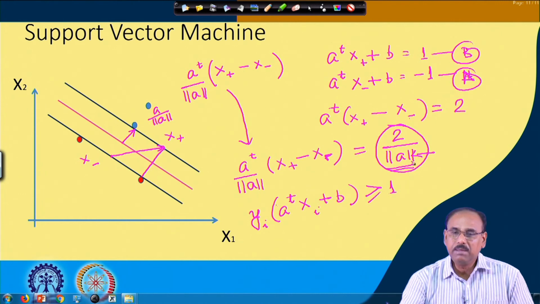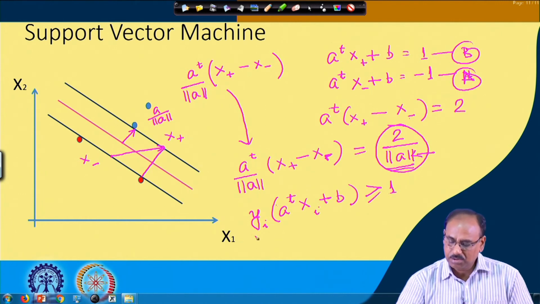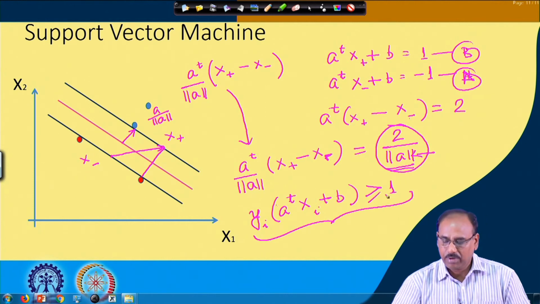So, I have to minimize A subject to the constraint that y I into A transpose x I plus B has to be greater than or equal to 1. So, it becomes a constrained optimization problem, and as you know, to solve a constrained optimization problem, we have to make use of the Lagrangian.